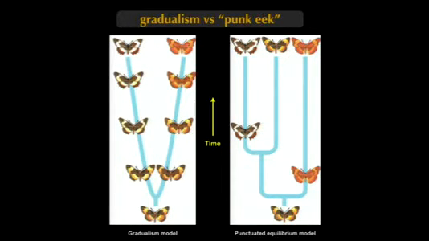Let's put some organisms on it for reference. Butterflies that have different color patterns, right? So different gross morphology, different form of these butterflies. Starting from this relatively muted brown butterfly in the gradualism model, they would gradually change form over time, becoming more orange here, maybe with some white bands here, until they ended up as different forms.